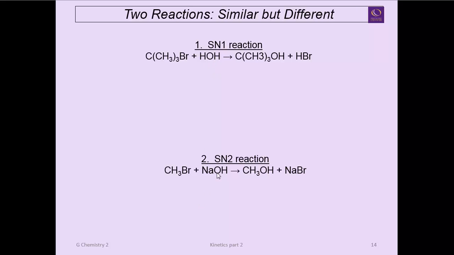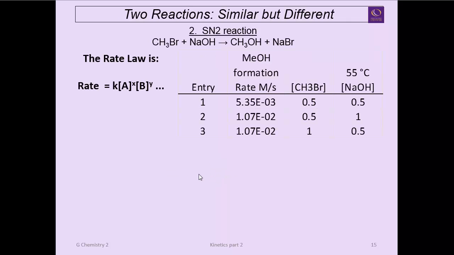Now here's the second reaction. Let's study this one. Do the same experiment. Now we're going to monitor the methanol formation, the change in molarity per second of methanol. We're going to do the same experiments where we start with different concentrations of methyl bromide and sodium hydroxide.